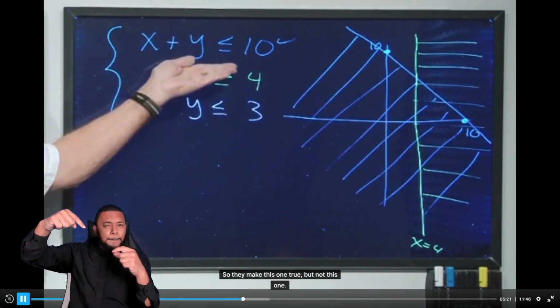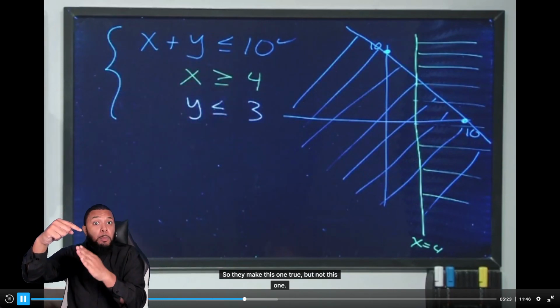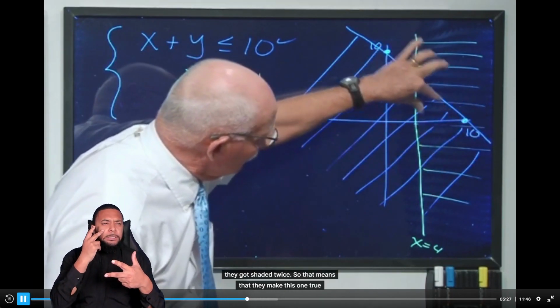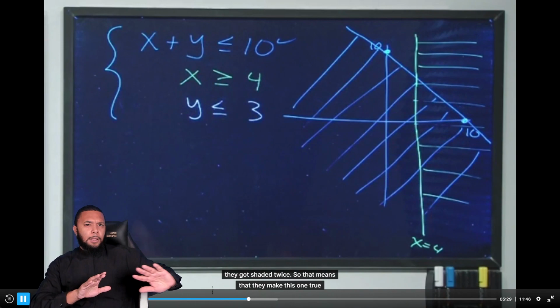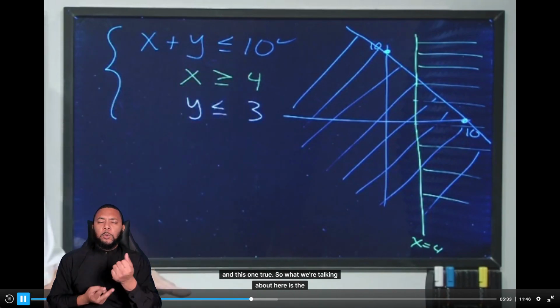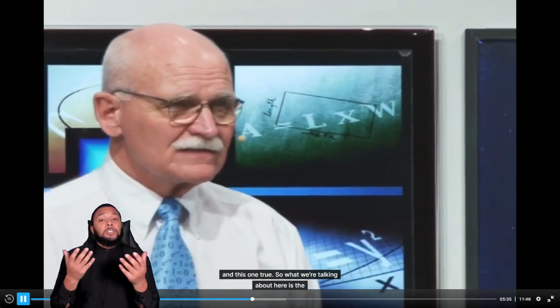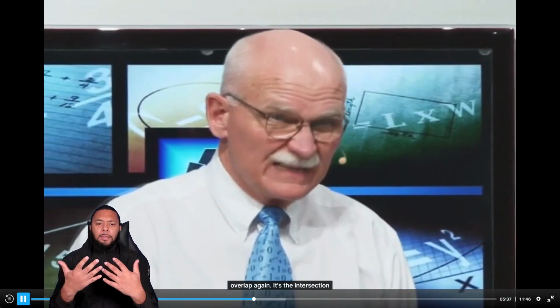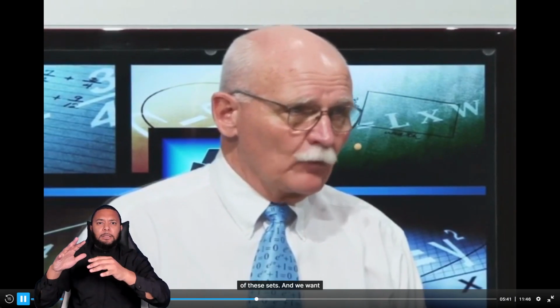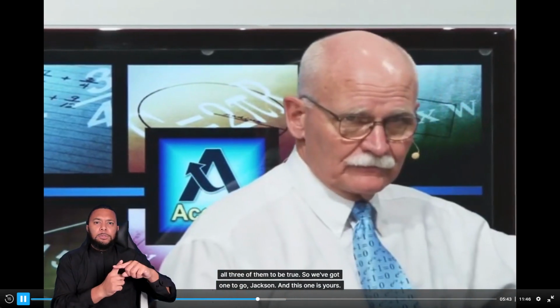So they make this one true, but not this one. But notice all these points down here, they got shaded twice. So that means that they make this one true and this one true. So what we're talking about here is the overlap again. It's the intersection of these sets. And we want all three of them to be true.